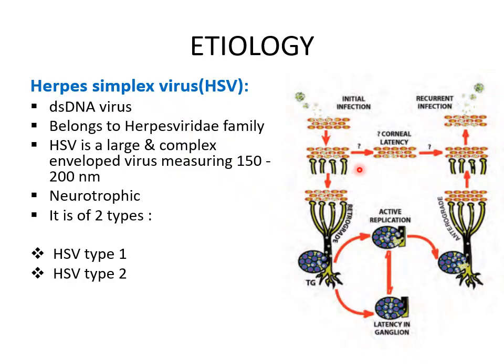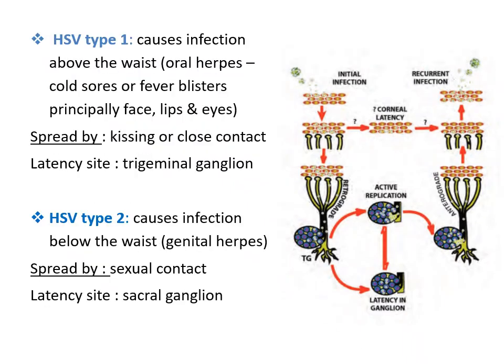There are studies which have shown that it might lie latent in the corneal stroma as well. So it is mostly the ganglia, maybe the corneal stroma. On the left side is your primary infection, and on the right side is the recurrent infection. It is the recurrent infection which is the notorious one.